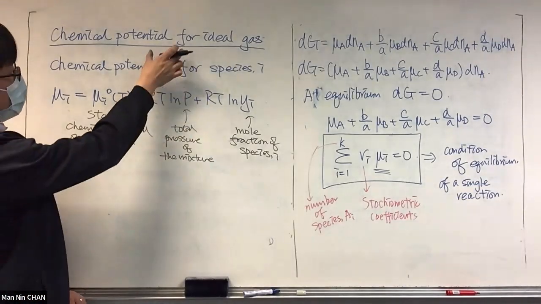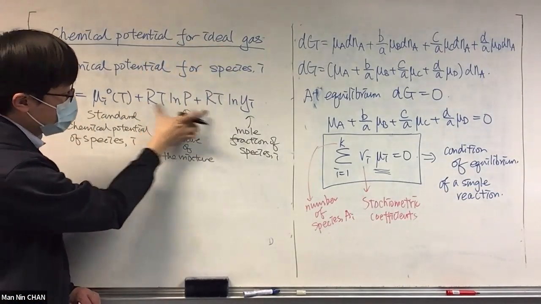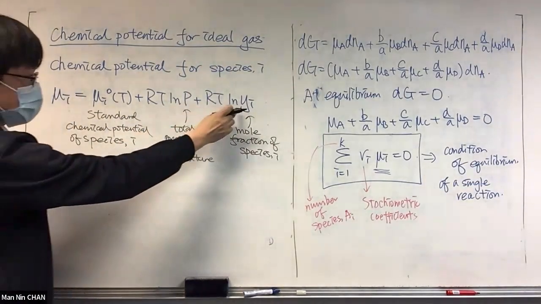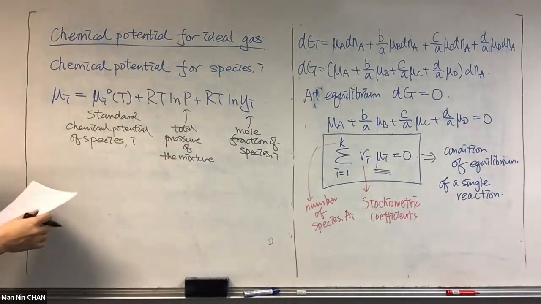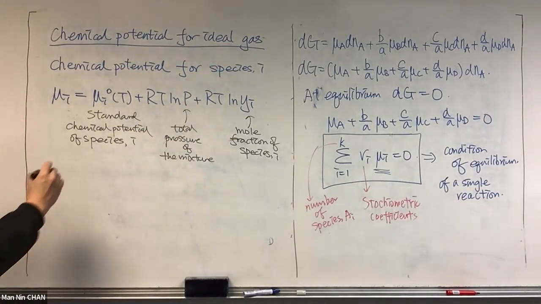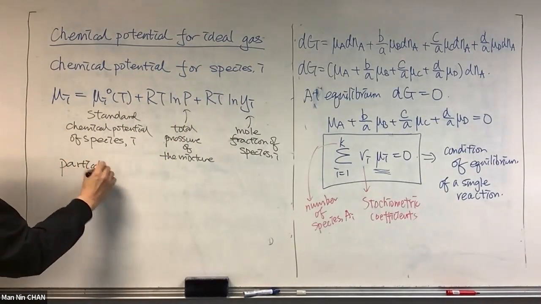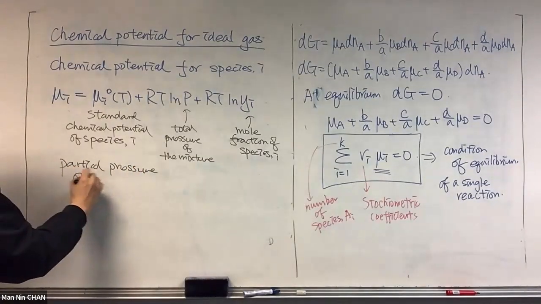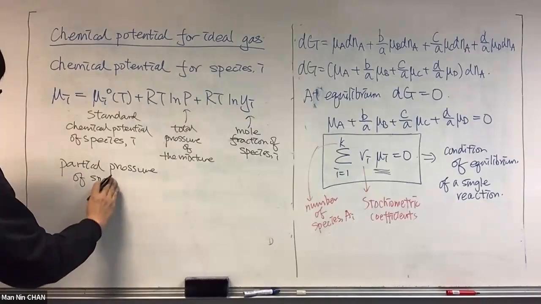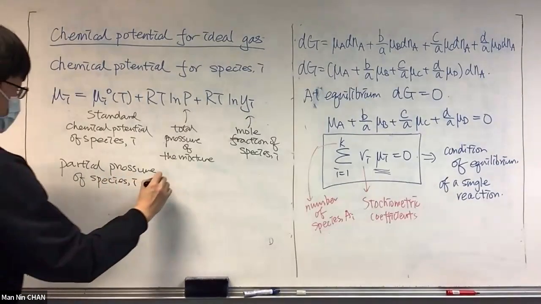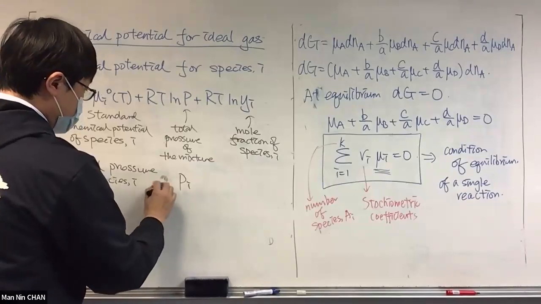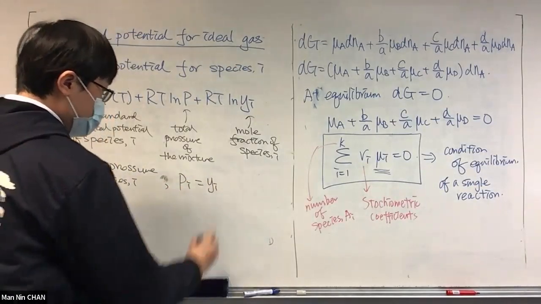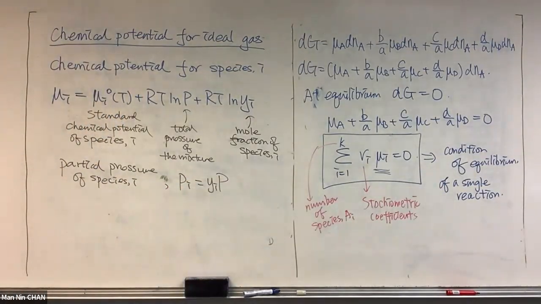Because you can assume this is an ideal gas mixture, these two terms can combine. If you multiply y_i times P, that gives what we call the partial pressure. If you remember from your physical chemistry, the partial pressure of your species i, P_i, is equal to the mole fraction of your species times the total pressure of your mixture.